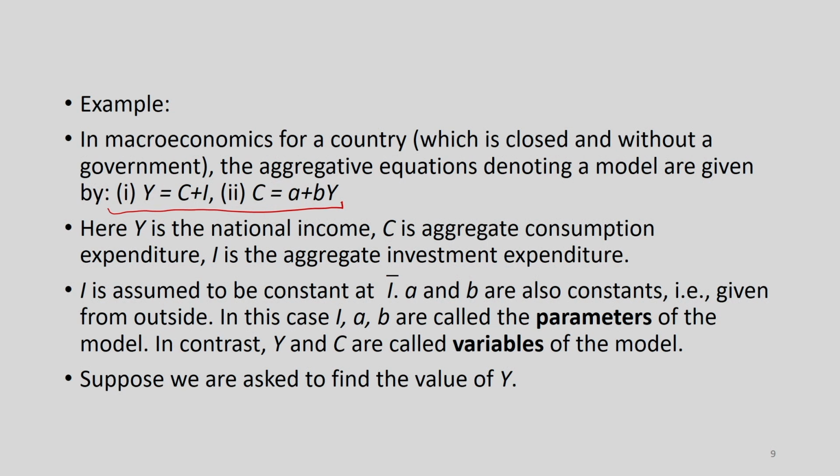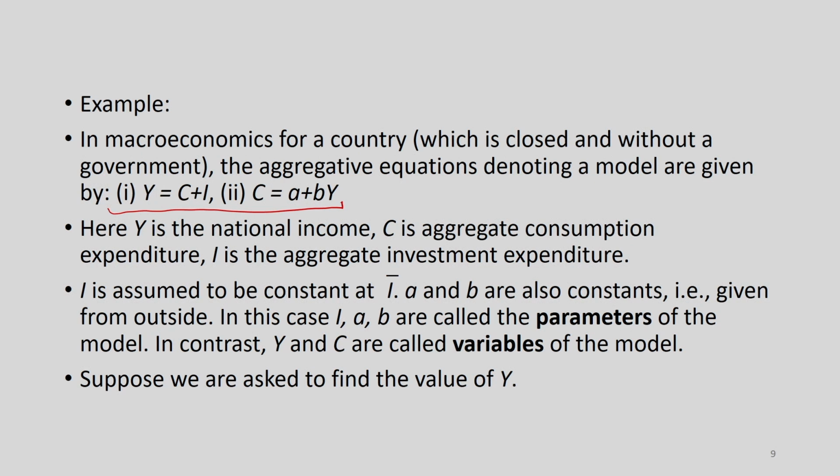Now, here I is assumed to be constant at I bar, small a and small b are also constants, that is given from outside. Constant means they are not determined by the model, they are given from outside. So, these are also called exogenous. In this case, I bar, a and b are called parameters of the model.